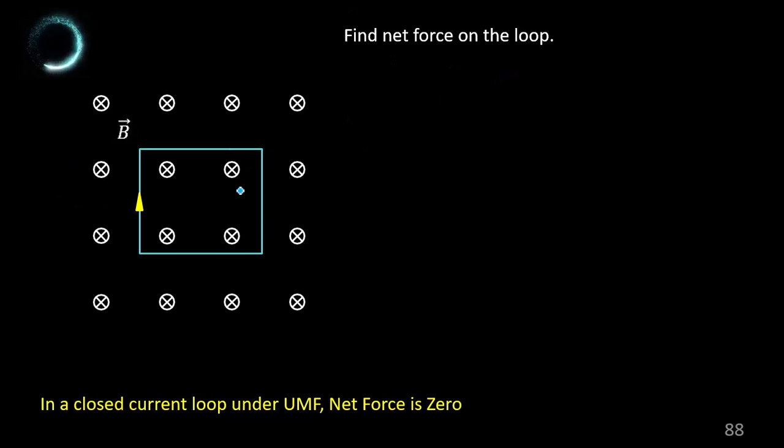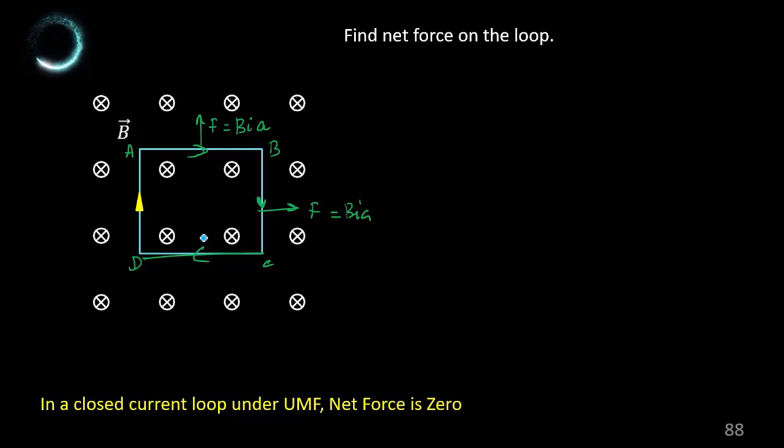Let us say find the net force on this loop. So entire loop is experiencing the same amount of force. Why? Because if I say this is the AB wire, CB, on the AB wire current is going in this direction. So AB wire is experiencing a force in upward direction. It is how much? BIL. If I say A is the length, BC where current is flowing in the downward direction, so experiencing a force in this direction that is equal to BIA.